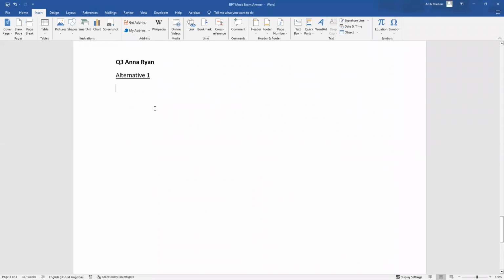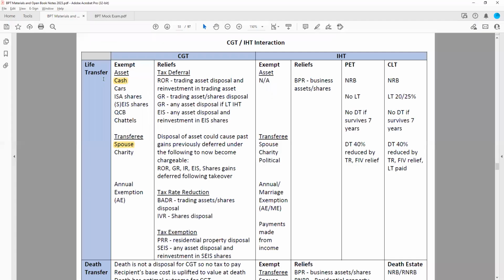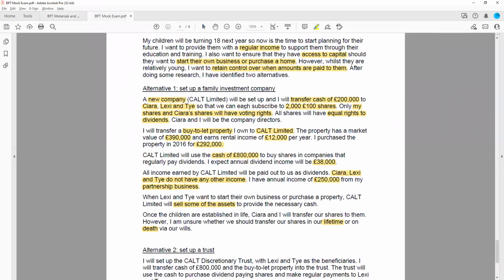So we could say a transfer of cash to wife and children will be exempt for CGT, because cash is an exempt asset for CGT. So always think, does an exemption apply first of all before you start thinking about the reliefs and then finally applying the tax? So that's quite straightforward there.